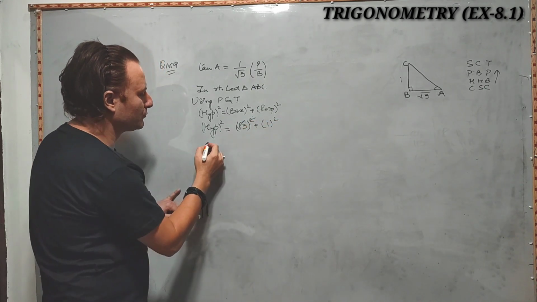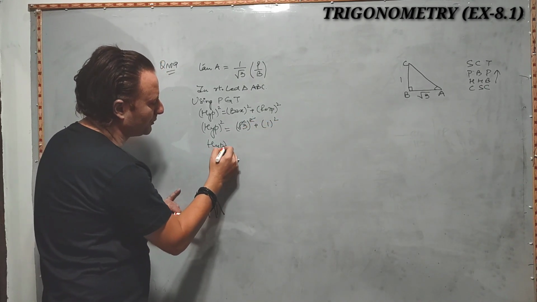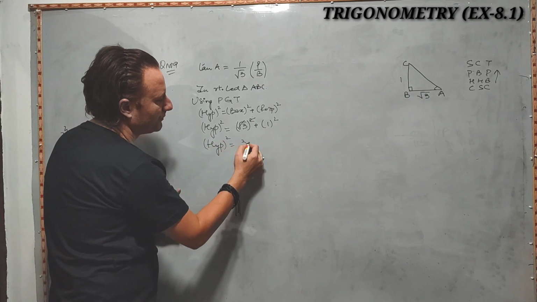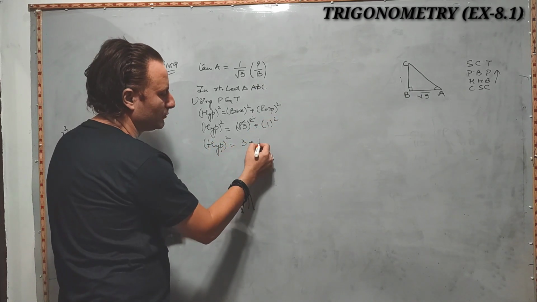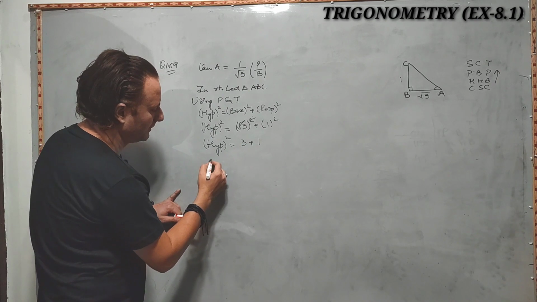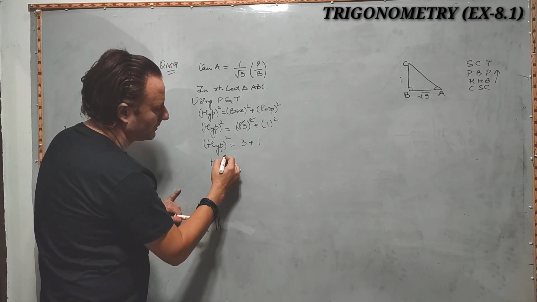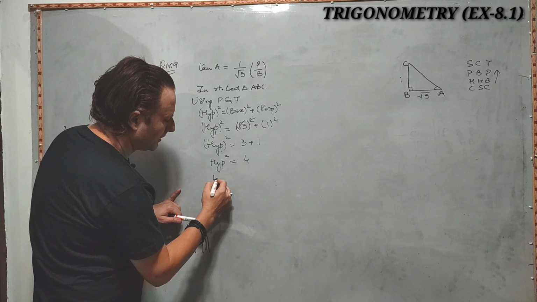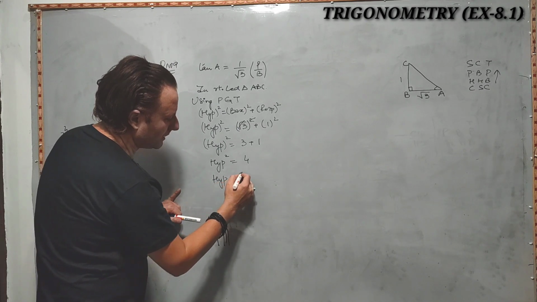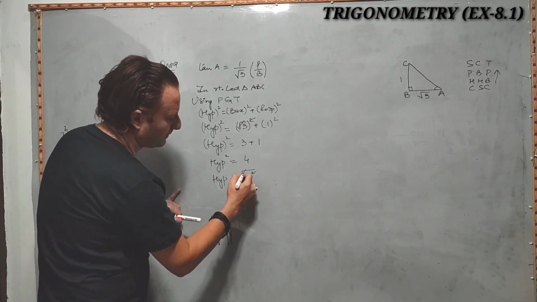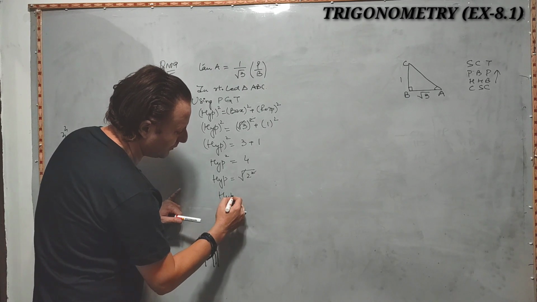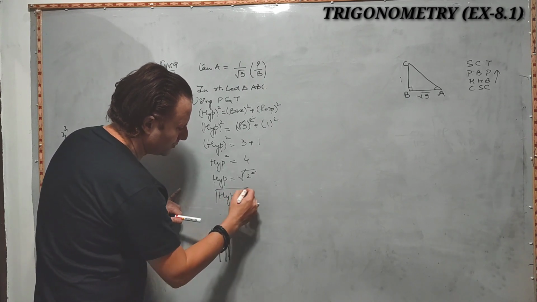So square and root gone. We have hypotenuse square is equal to 3 plus 1 multiply 1, no changes, so it is 1. So hypotenuse square is equal to 4. Hypotenuse is under root 2 square, that means hypotenuse is equal to 2.